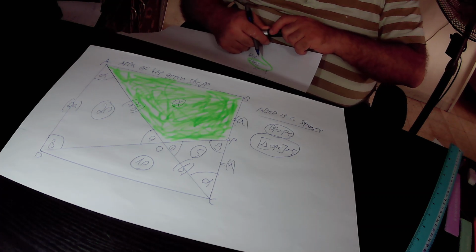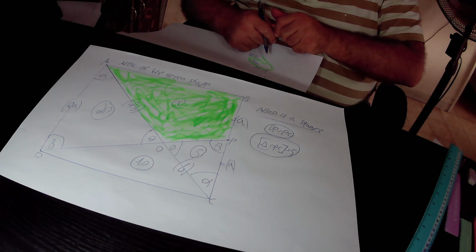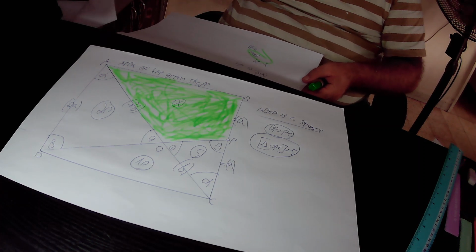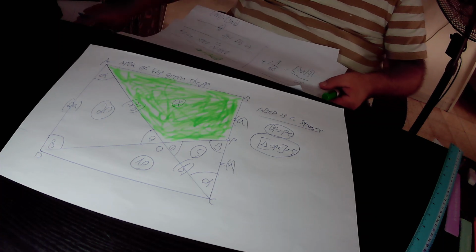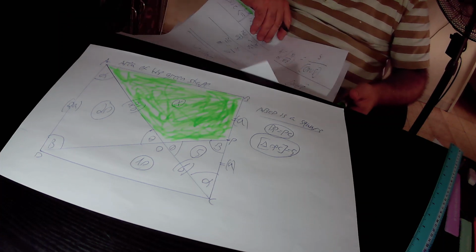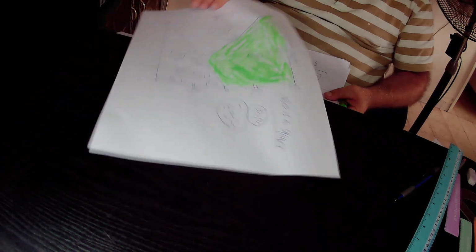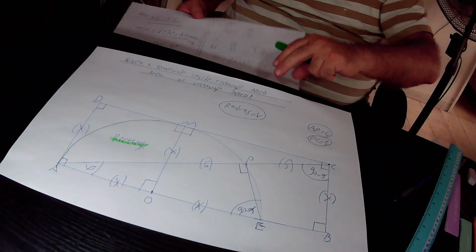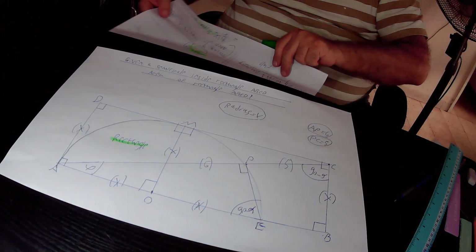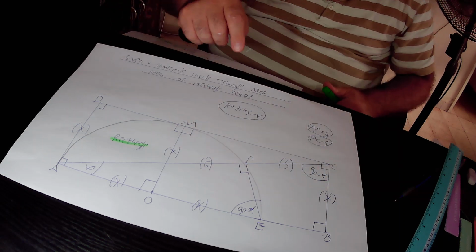In the next step, I'm sorry, in the next lecture, we'll start with the first question, of course. In the first question, our mission is to find out the area of this rectangle ABCD.